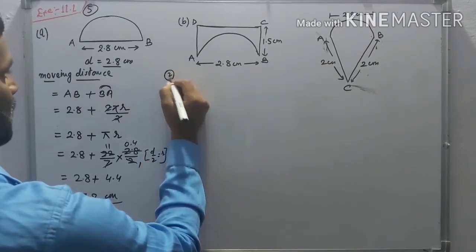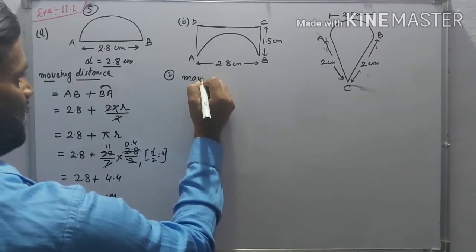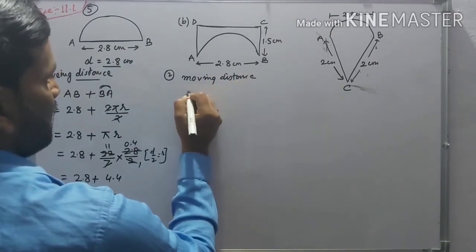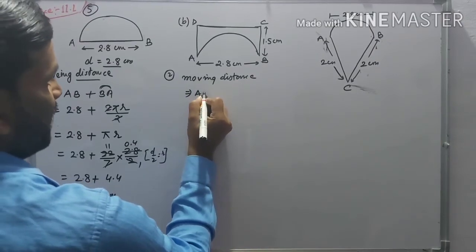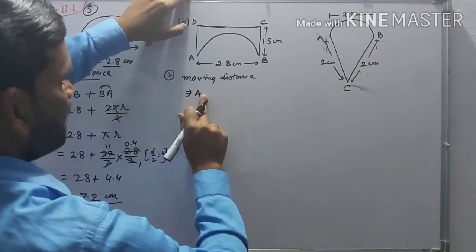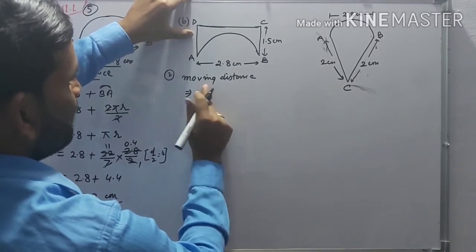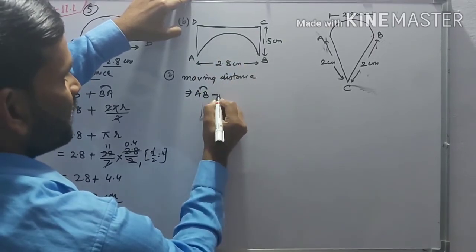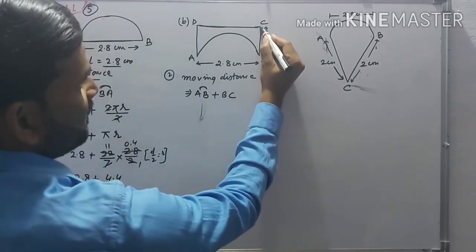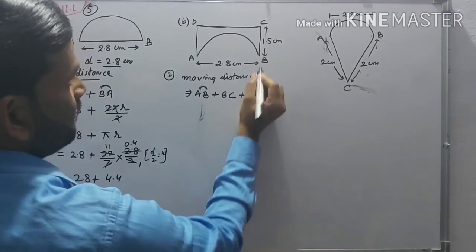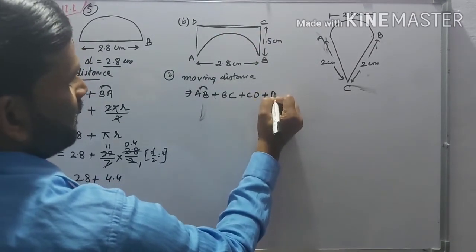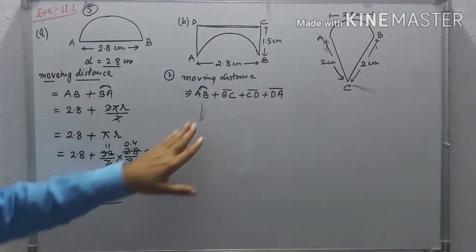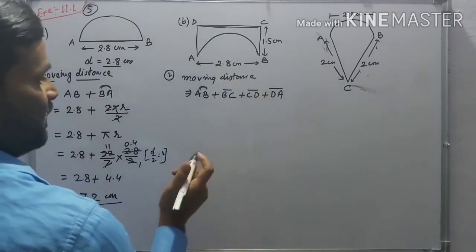Now the second solution. The moving distance is equal to AB, the curve, plus BC, from B to C, then C to D, plus D to A. They are all line segments except this one, which is a curve. A curve means part of a circle.